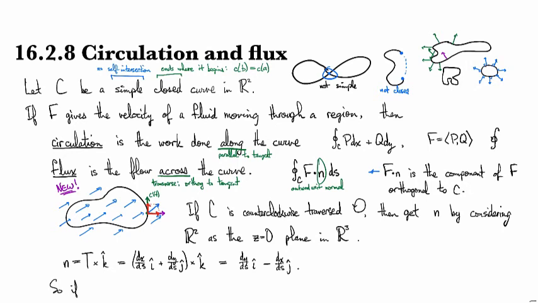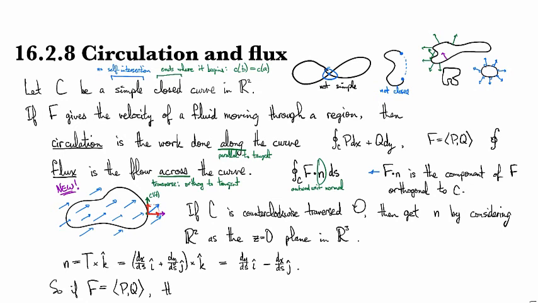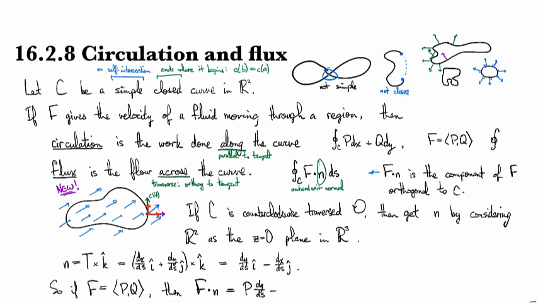So if our force field has components P and Q, then the dot product of F with N is going to be P times dy/ds minus Q times dx/ds.